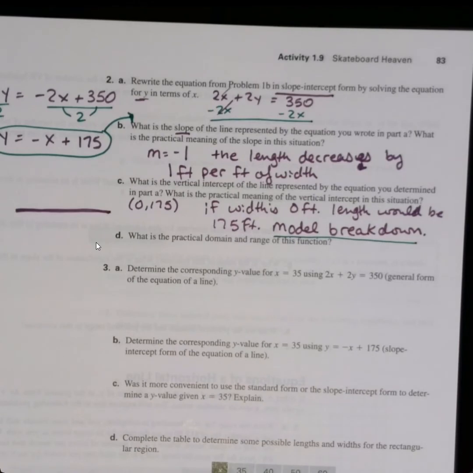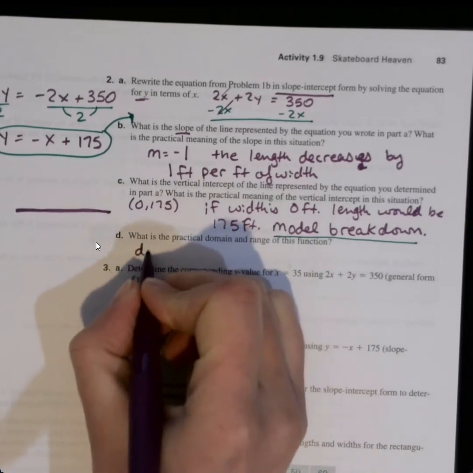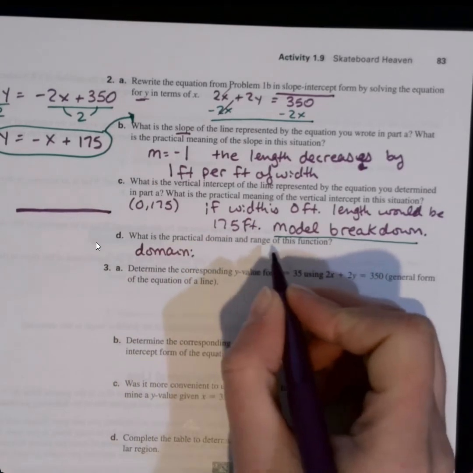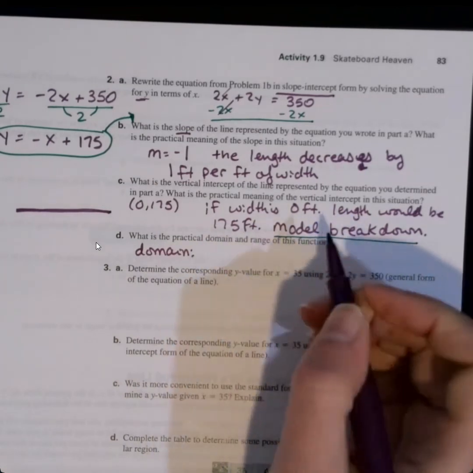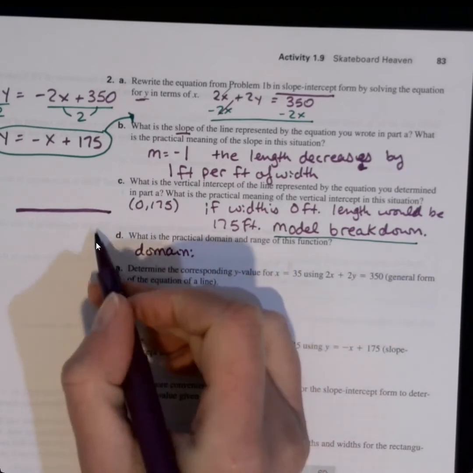Okay, so first of all, for domain input, I need to know what the smallest possible value for input will be, and what the largest possible value of input will be. The smallest possible value of input is going to be 0, because I certainly couldn't have a fence with a negative length.